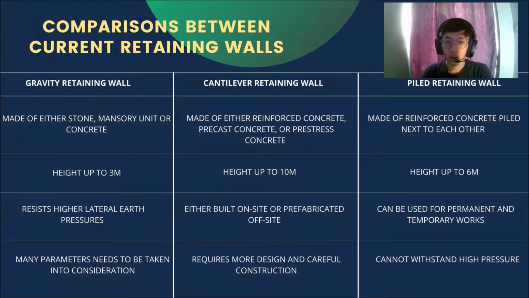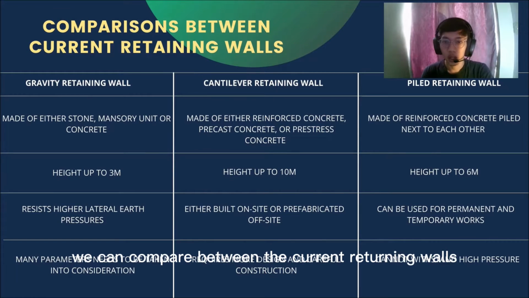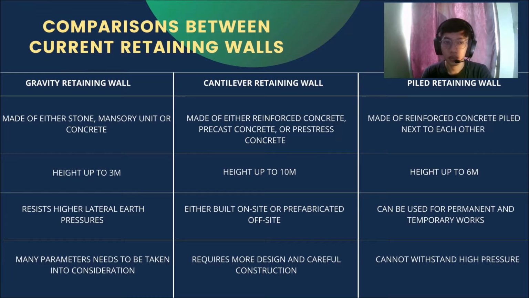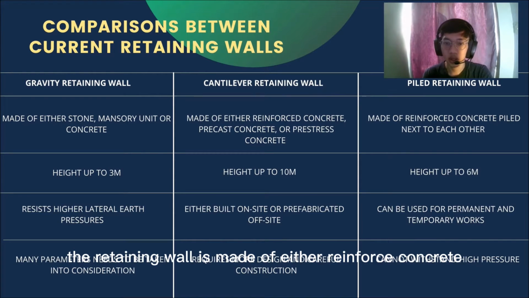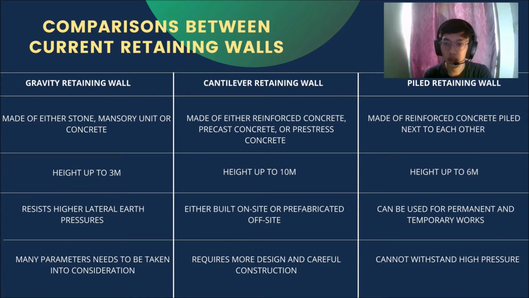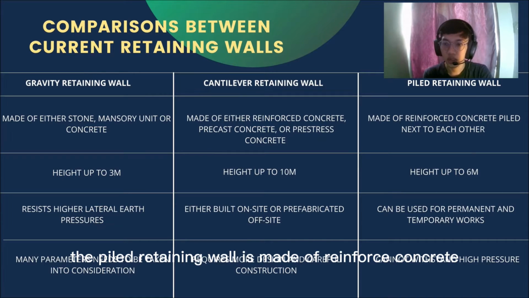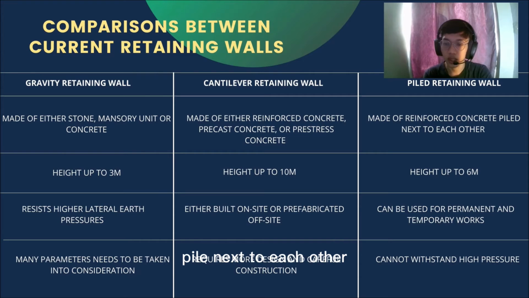Next, we can compare the current retaining walls. The gravity retaining wall is made of either stone, masonry unit, or concrete, while the cantilever retaining wall is made of reinforced concrete, precast concrete, or pre-stressed concrete. The pile retaining wall is made of reinforced concrete piles next to each other.